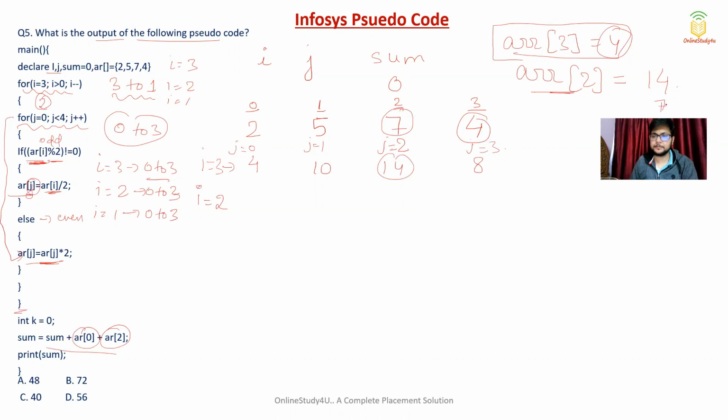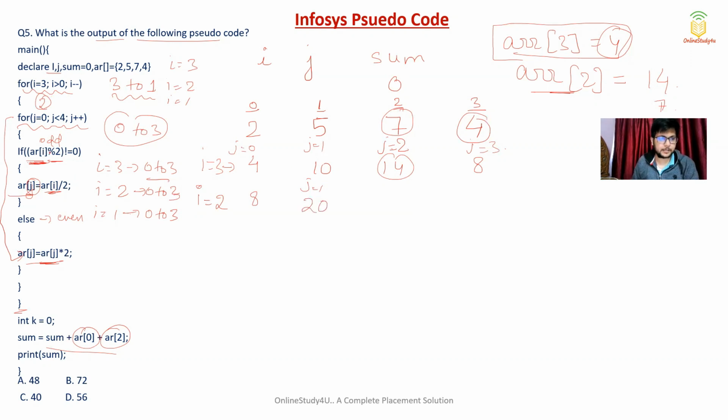That is 7. So for j equal to 0, it will check if array of i mod 2 is even or odd. What is array of i? It is 14. 14 mod 2 is even, so it will double the value. It will again check in the next iteration, j equal to 1, if array of i mod 2 is even or odd. It is still even, so it will again double the value.